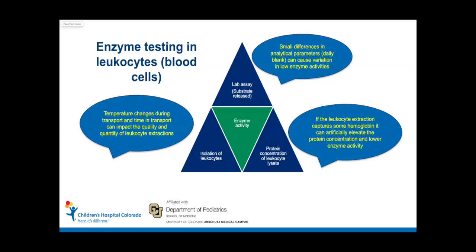None of this is really going to change whether a person has activity in the normal range or very, very low. But when you have two children who have the same genotype, and we give you an activity of 0.7 in one and 0.3 in another, these are some of the analytical parameters that can lead to those small differences, even though the patients have the exact same genotype.